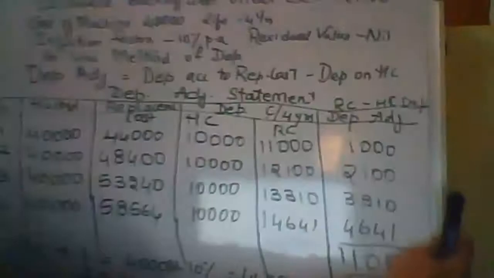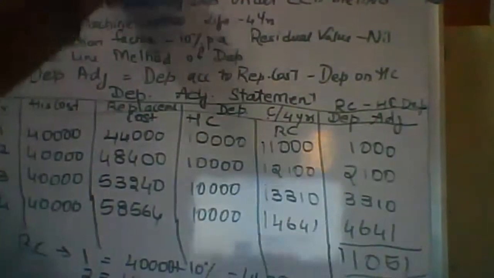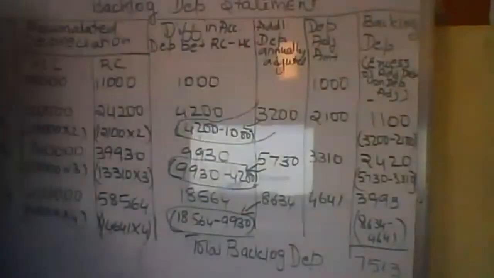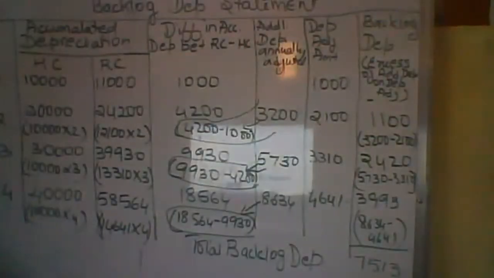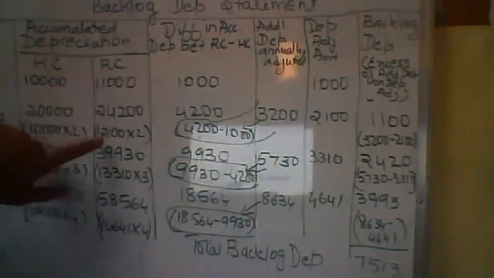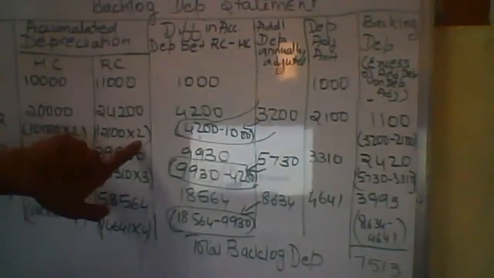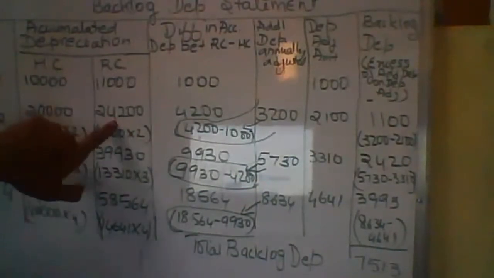So here what am I telling? I still have a backlog. Why am I having a backlog? I have a backlog because in the first year I took 11,000, but in the second year it became 12,100. So each year if I would have taken 12,100, then it should have been 24,200.